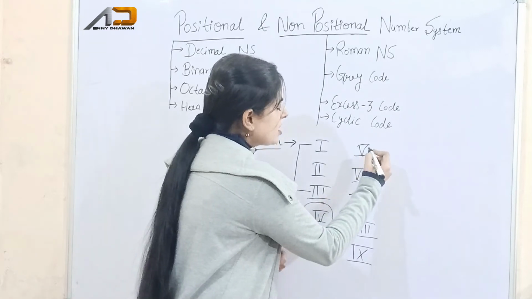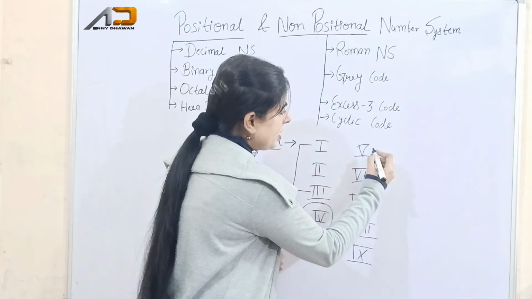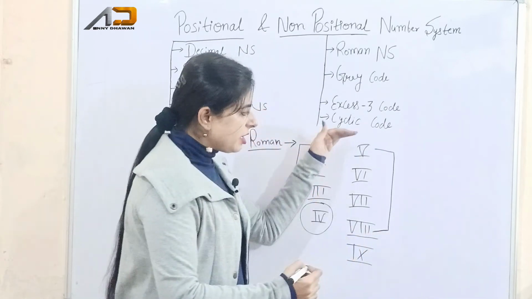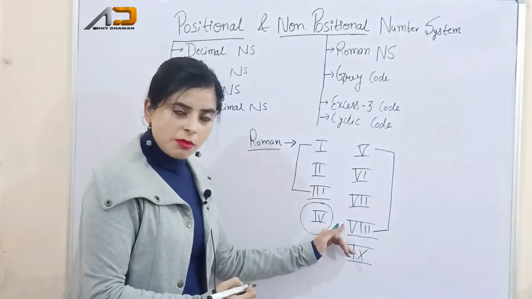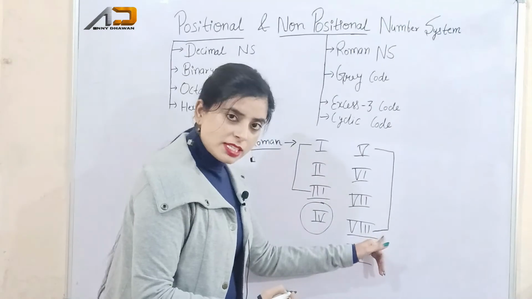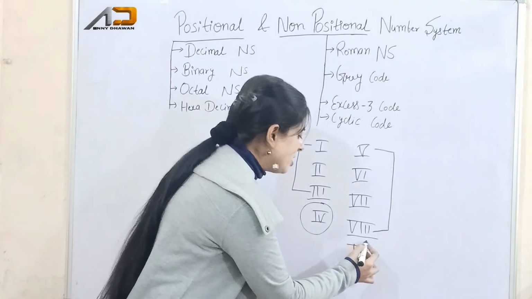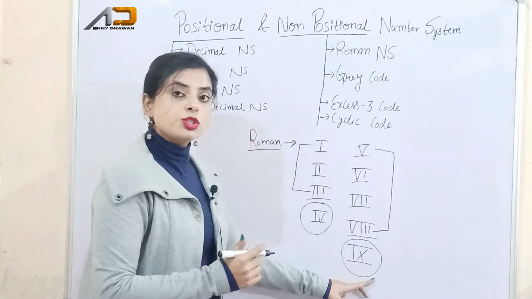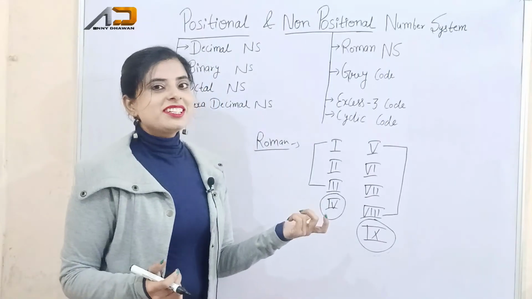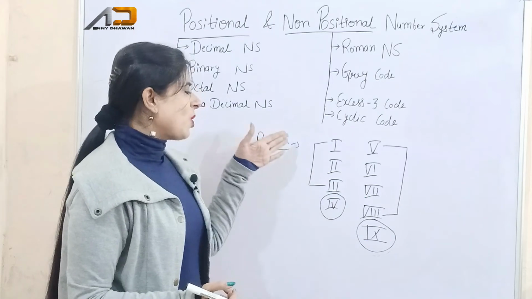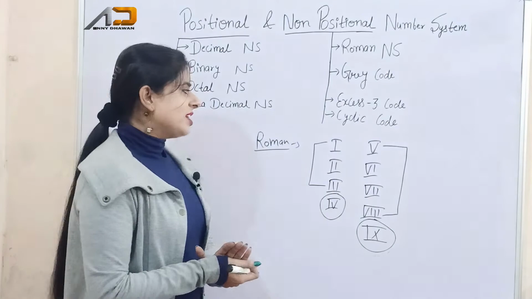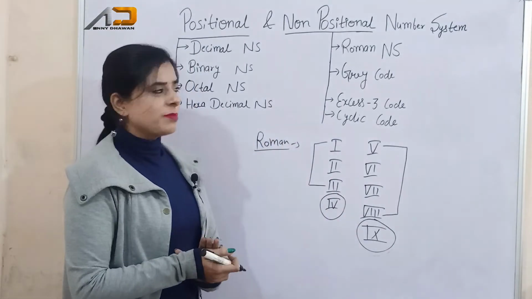And if I start again from this number and move downward, then again we will be able to find some common pattern till this number. But what about this number? The common pattern again stops here. But in general, there is no common pattern to write the Roman numbers. This is just my observation.